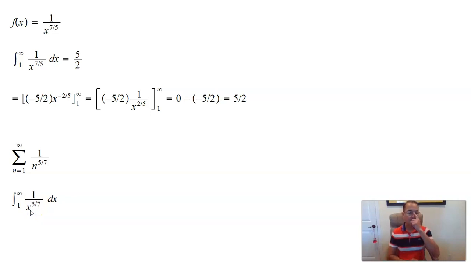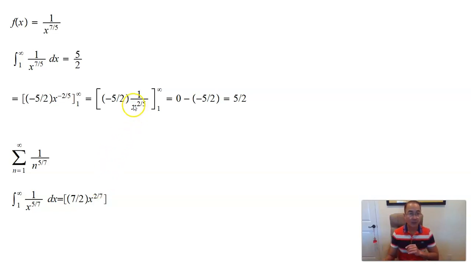Negative 5 over 7 plus 1 is positive 2 over 7. So we will get x to the positive 2 over 7 divided by 2 over 7, so that's 7 over 2, x to the positive 2 over 7.